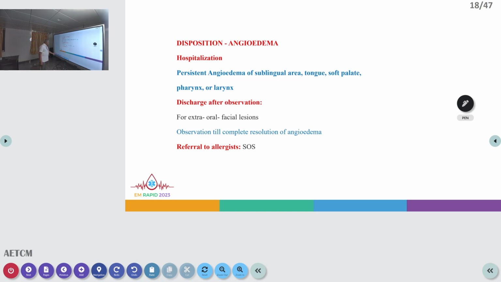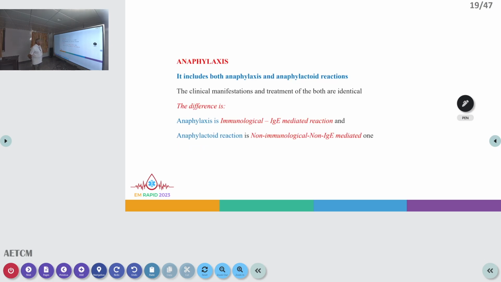Then coming to anaphylaxis. If it is not immediately recognized and not promptly treated, we may lose the life of the patient. Anaphylaxis includes both anaphylaxis and anaphylactoid reactions. There was a different name and a different group for the latter, anaphylactoid reactions, but at present, anaphylaxis includes both.